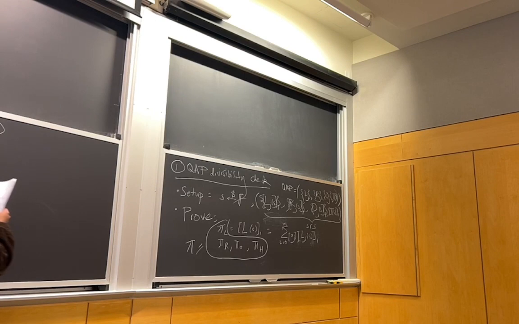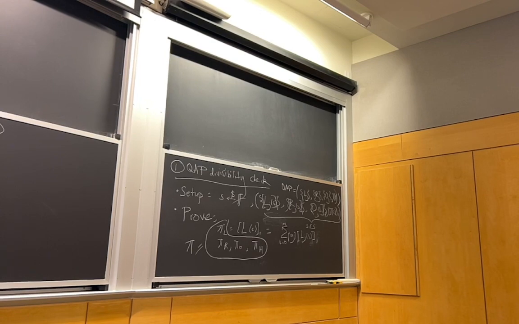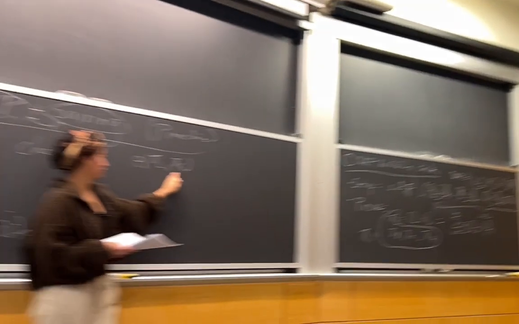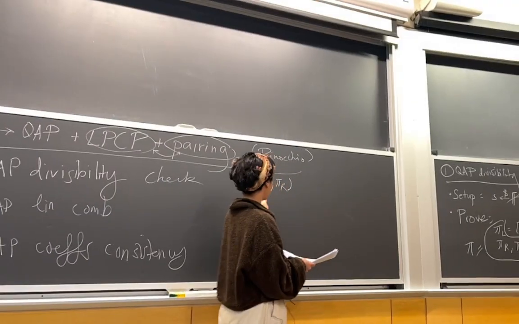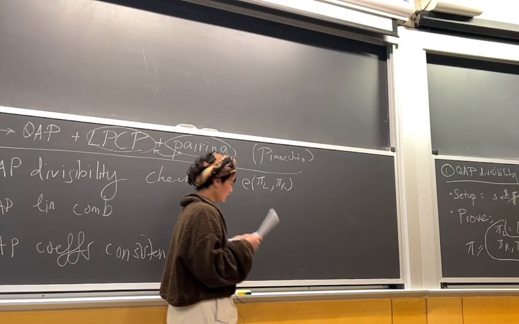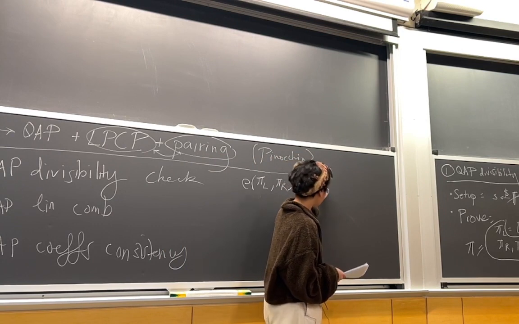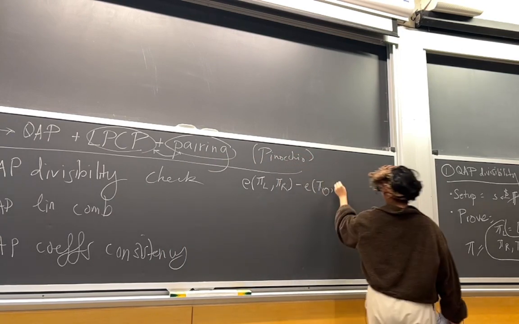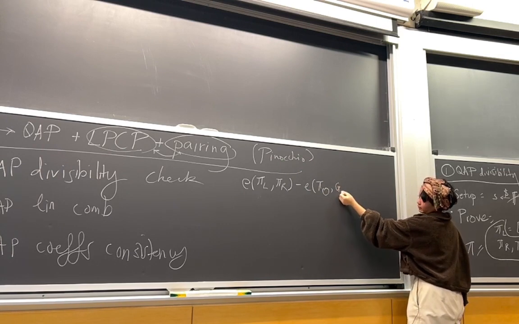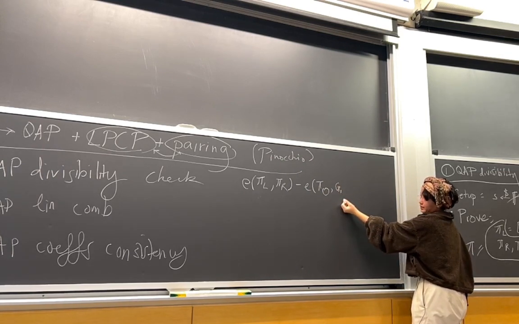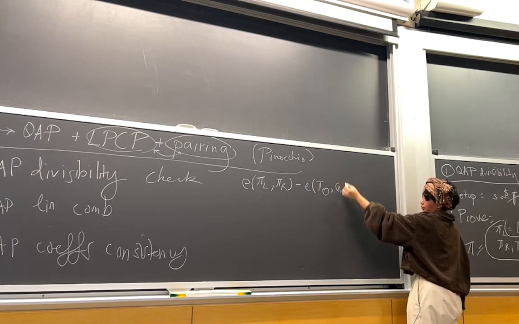The pairing check is firstly a pairing between your commitments to your left and right polynomials, minus pi o, the output. And in this second element of the pairing, we're just going to put in the identity, the generator G1.